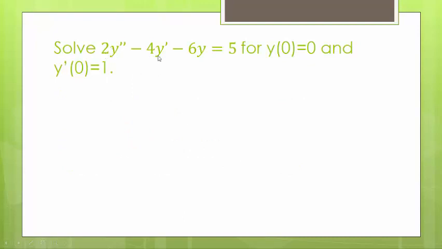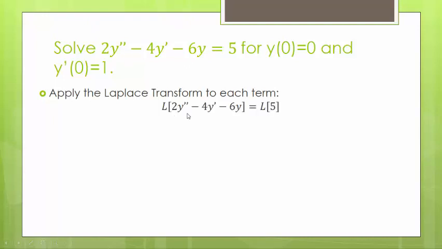So here's our first problem. 2y double prime minus 4y prime minus 6y is equal to a constant 5 under these conditions. What we'll do is apply the Laplace transform to both sides. So now we're going to try to solve a differential equation. Applying the Laplace transform to both sides, remember it is a linear operator. So when you take the Laplace transform on the left, you can divide this.